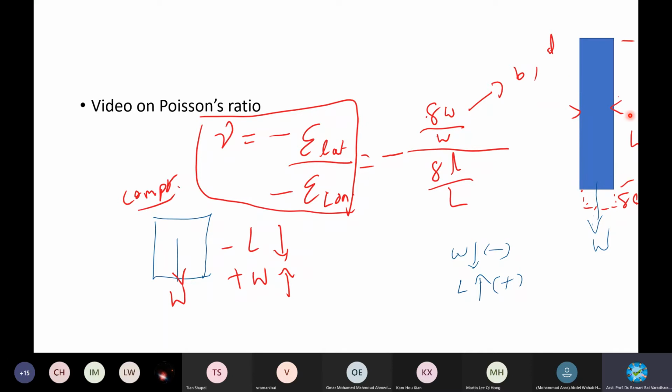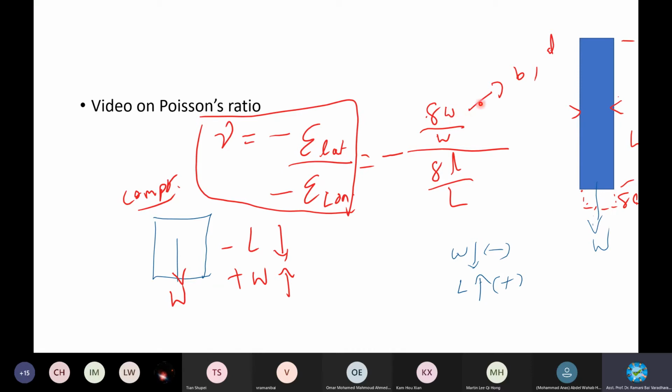There are two types of deformation in any member. Poisson ratio defines how much it deforms between these two. The ratio is between strain in the lateral direction over strain in the longitudinal direction. Both are negative because there is a change. Elongation also we take as negative, although it is an addition.